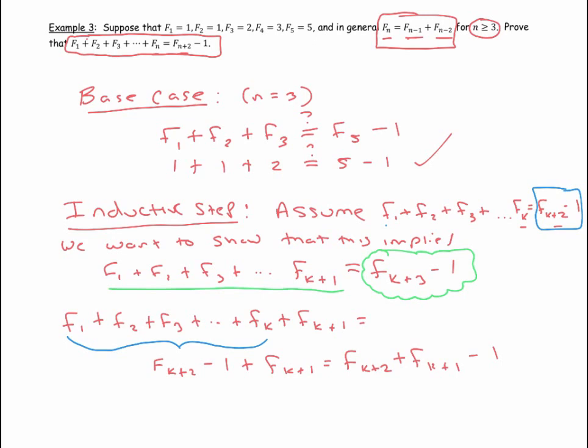You can see that this is the structure of the Fibonacci sequence: I've got a number plus the one before it. So what number would I get if I took the k plus second term and added it to the k plus first? I would get the one after the k plus second, which is the k plus third. And so I make that substitution, and now my inductive hypothesis has gotten us to this point, and the proof is done.